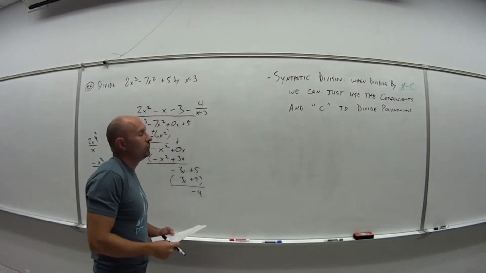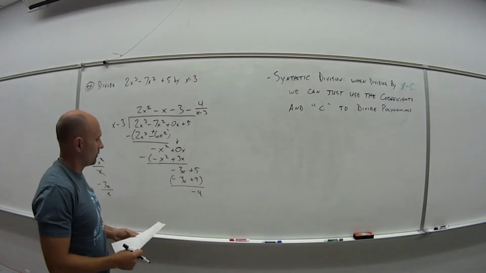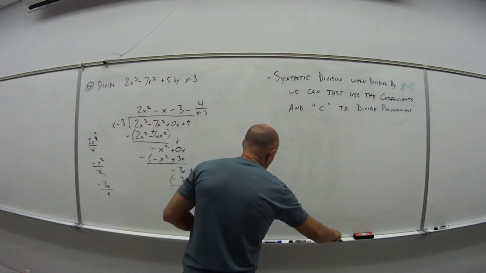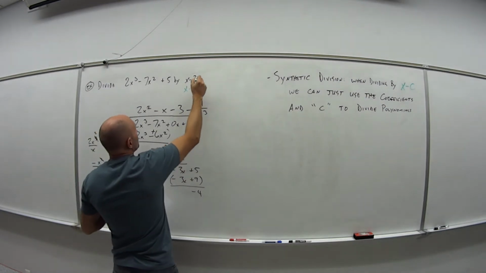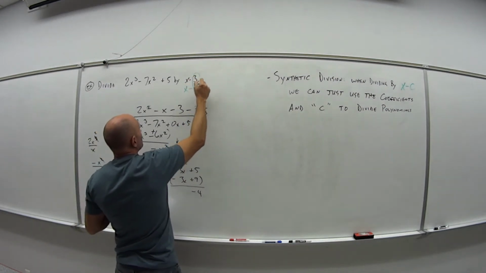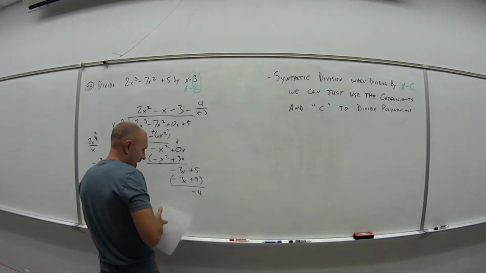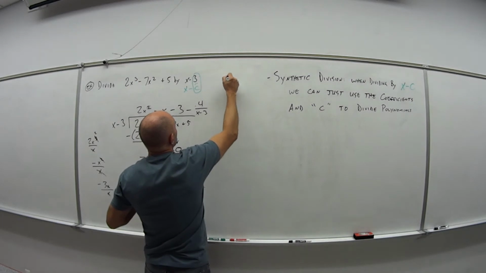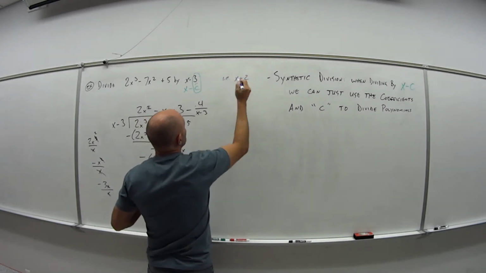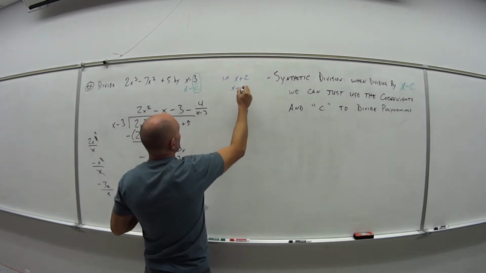How we're going to do this is as follows. If we look back at this last example, in this case, I have x minus c. So my c is what? My c is equal to 3. If I had instead, let's say, x plus 2, well, x minus c means that what?